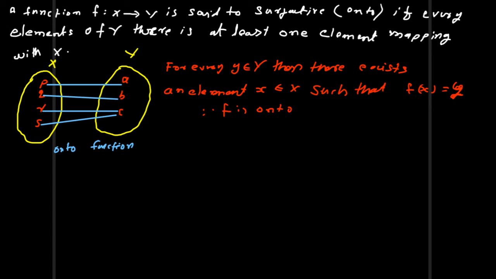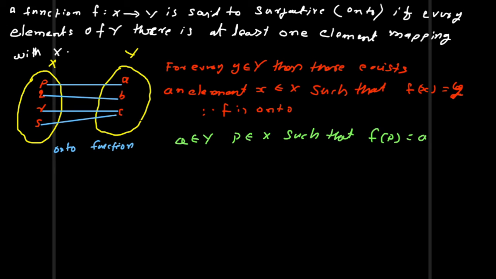Clear? For example, suppose you take a, so a belongs to Y. Then we can choose an element p belonging to X such that f of p equals a.